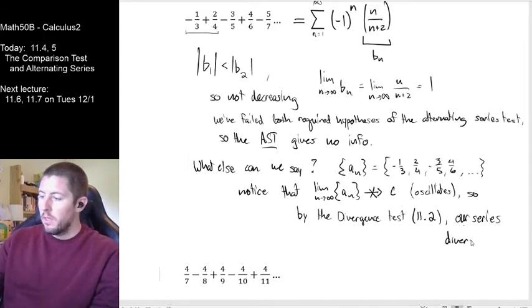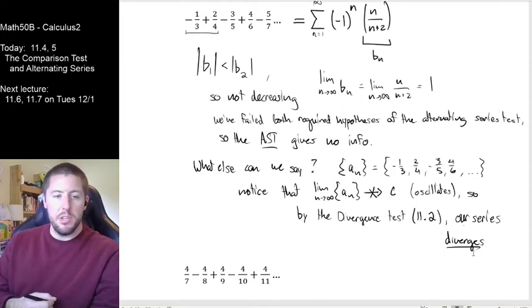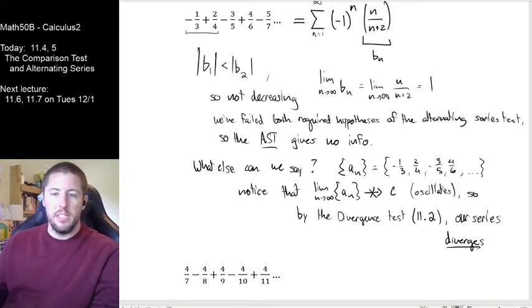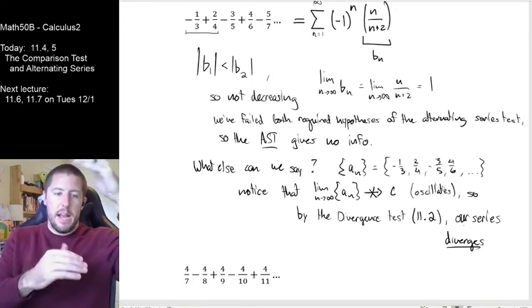So, importantly here, we saw that this was an alternating series and we attempted to use the alternating series test. However, our series failed both of the required components, so we got no information from it. But what I can see is that these terms are going to ultimately get really close to basically just being like +1, -1, +1, -1.